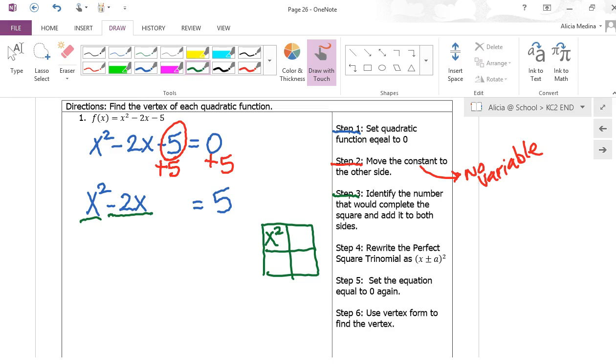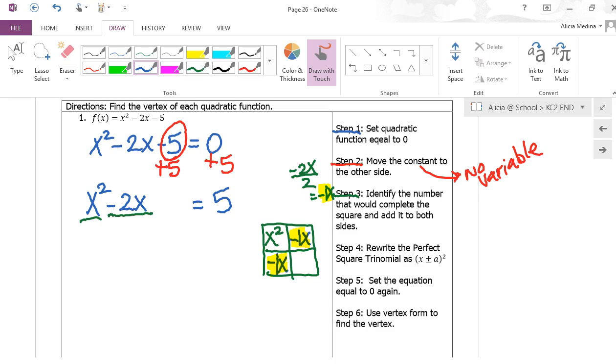So I'm going to take that negative 2x, and I have to divide it by how many boxes it's going in between. So negative 2x divided by 2 is a negative 1x. So that negative 1x is what I'm going to put in that top and bottom corner. So this is going to be negative 1x, negative 1x.